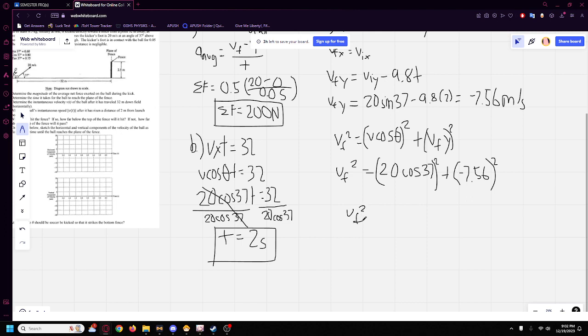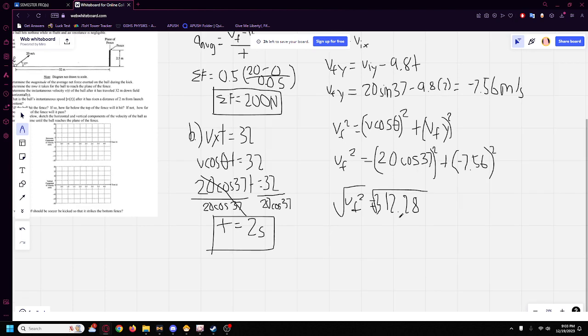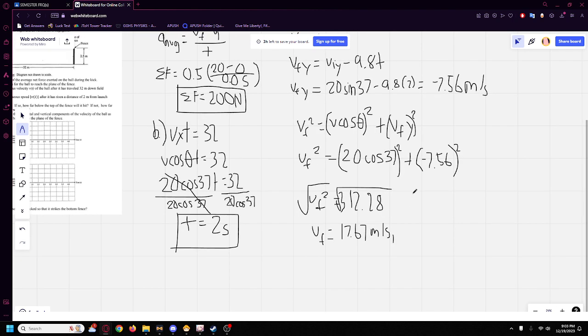Vf squared is equal to 312.28. You square root both sides, and Vf is equal to 17.67 m/s.